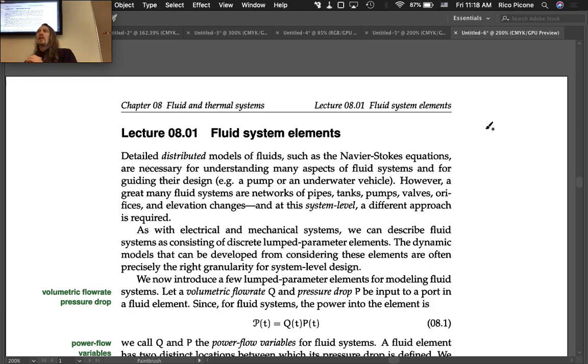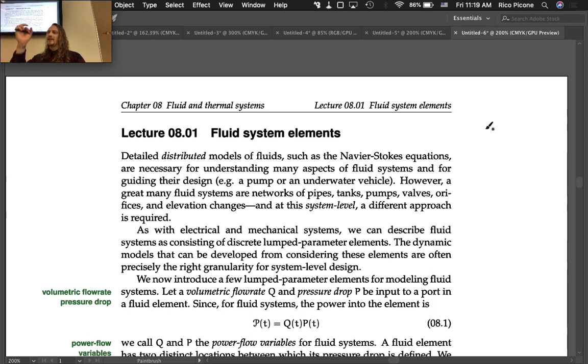And more importantly, it's not important what every little volume of fluid does to your system design. If you're trying to say what diameter I need this pipe to be, or how big this tank should be, or what's the maximum height that this tank will fill to in this situation, those sorts of questions can be answered in a simpler way than having to track where every volume of fluid is in the entire system.